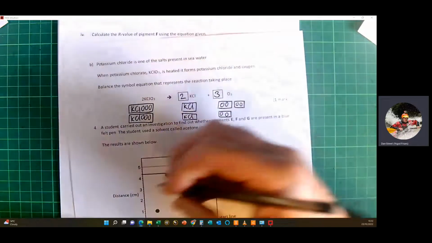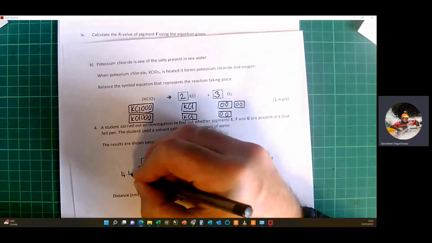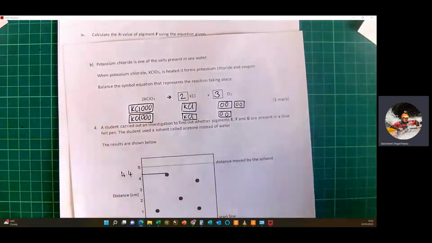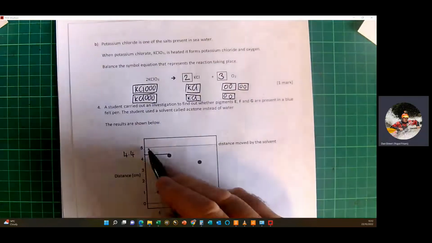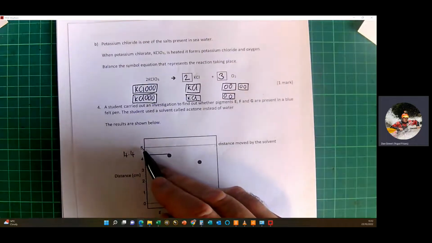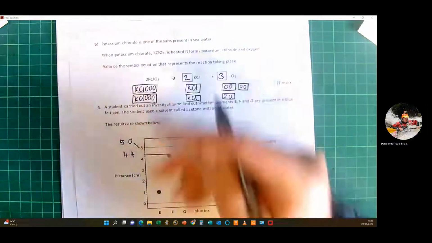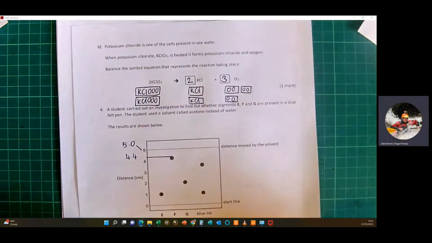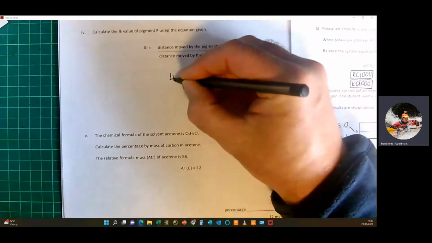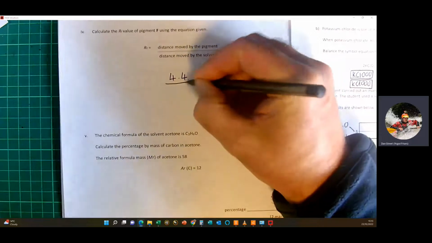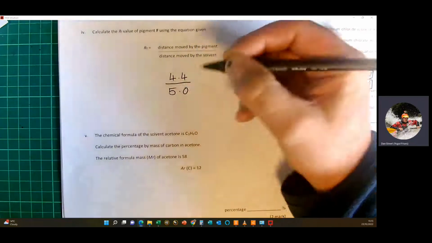So 0.4, that's 4.4. And the solvent has travelled 5.0. So if we go back to our question, then we've got 4.4 over 5.0. Okay, and if we double check that with the calculator.